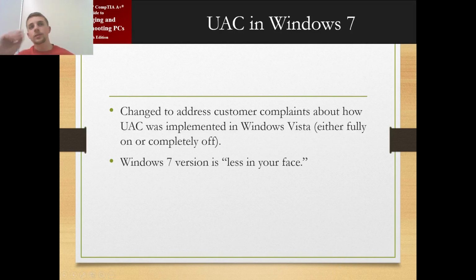So Windows Vista was pretty annoying. It really got in the way. Windows 7 is modified where you can actually change how much UAC gets in the way. The default is that it dims the screen and it pops up the box. A level below that, and as you lower this it's less and less recommended, it still makes the noise when the prompt pops up, however it doesn't dim the screen, and it doesn't force you to click on that box to continue using Windows.